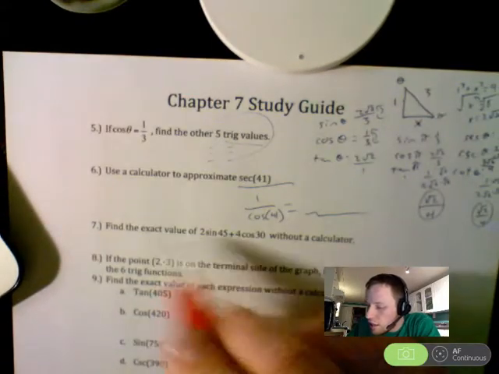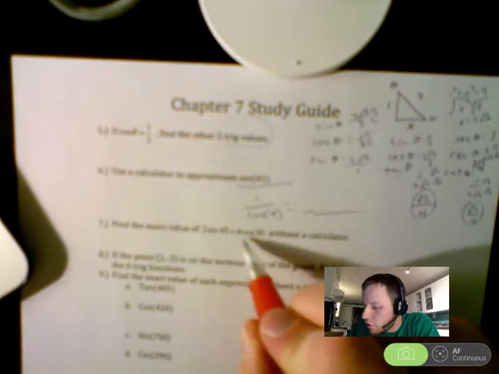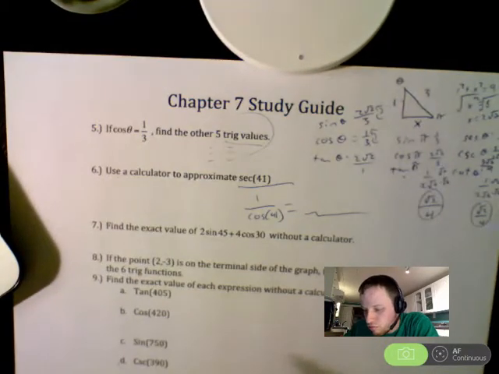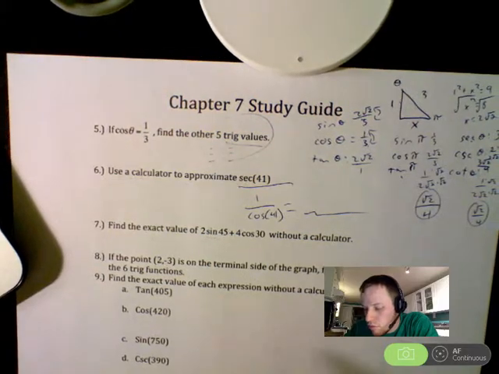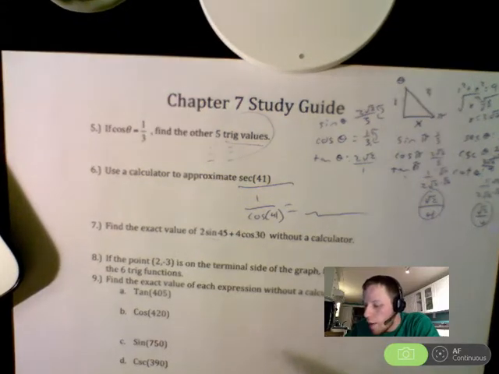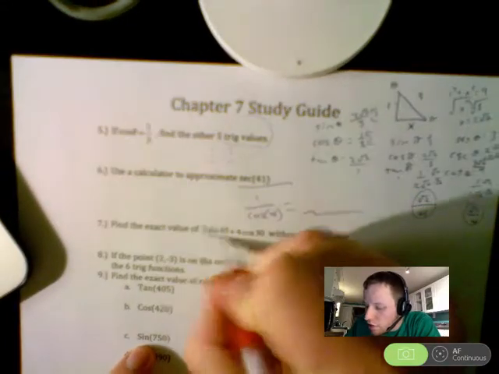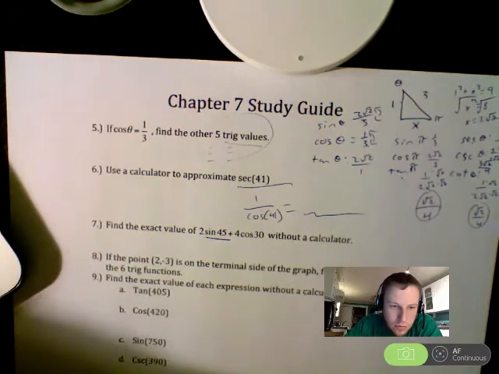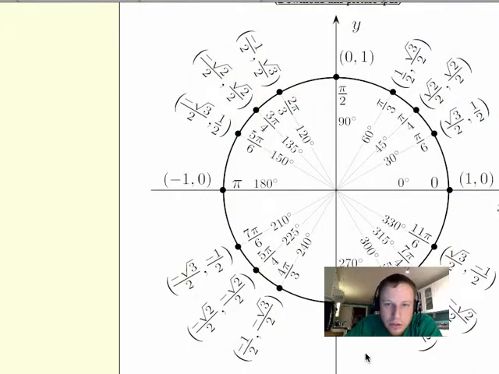Now, to find the exact value of 2 sine 45 plus 4 cosine 30 without a calculator, that can be, at first, a little challenging. But if you remember sine of 45 from our unit circle, sine of 45 is our y value.